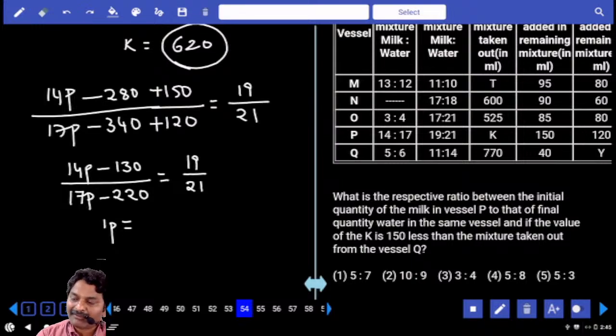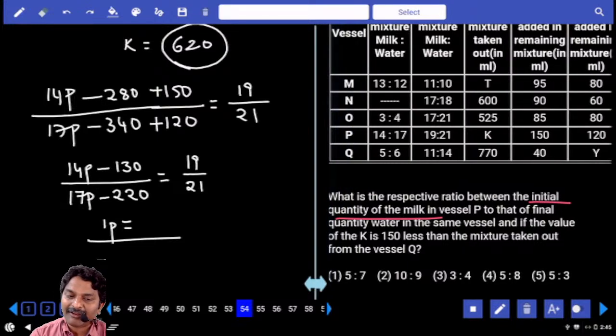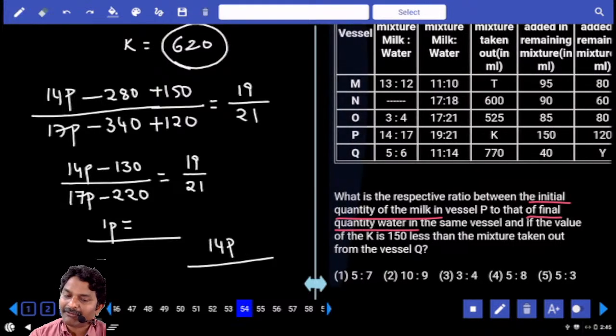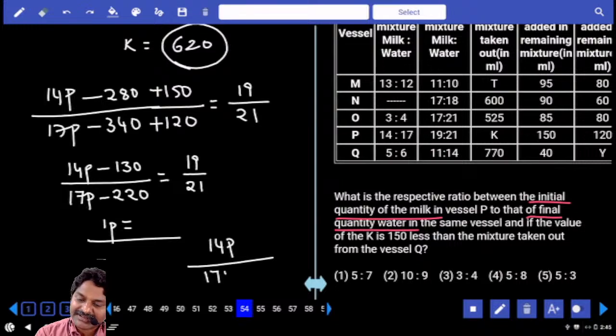After getting one part value, we were asked to calculate ratio between initial quantity of milk, which is 14 parts, final quantity of water, which is 17 parts minus 220. Substitute and tell the answer. Get one part value and then substitute in that. Will you do it? Yes?